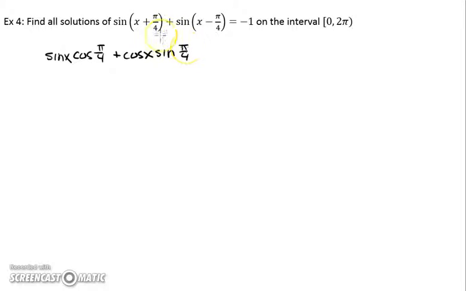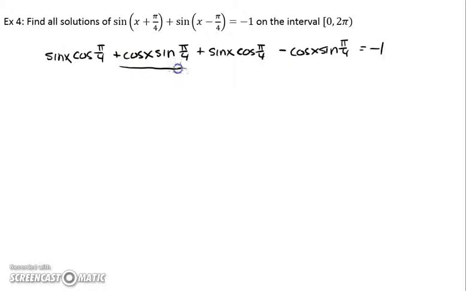So that's the first term, that's our sine of x plus pi over 4. Then we're going to have plus sine of x cosine pi over 4 minus cosine x sine of pi over 4. Those last two terms are coming from this one. And that still equals negative 1.